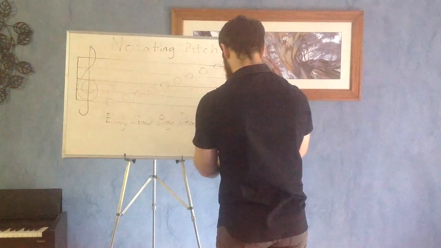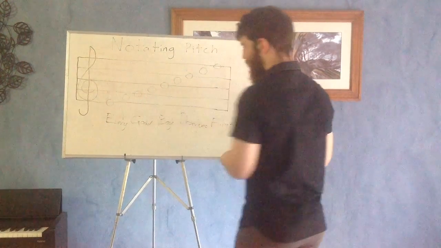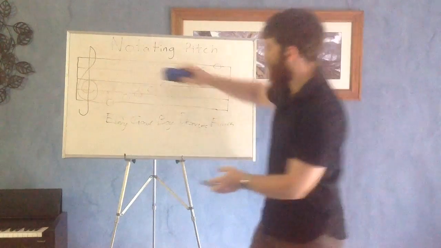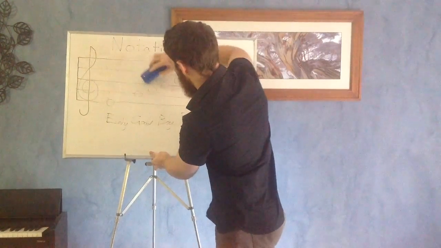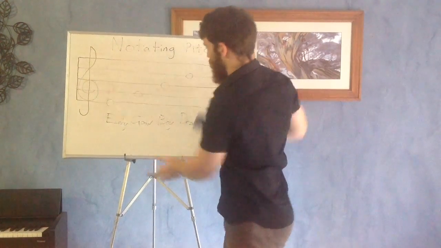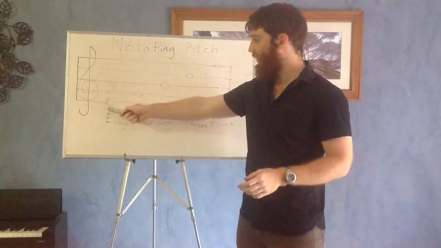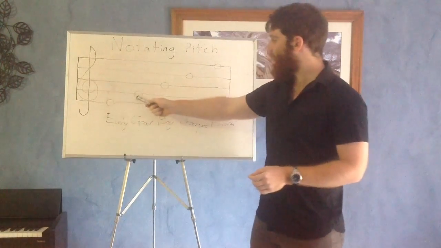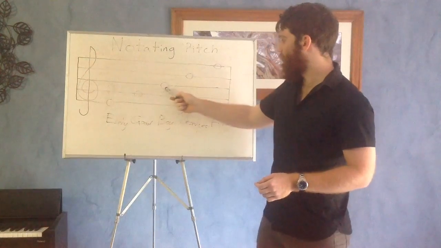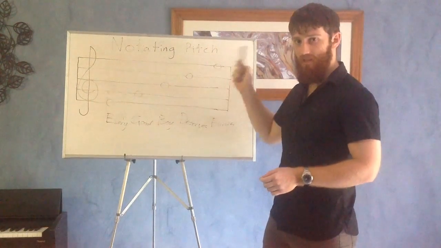So we have every good boy deserves Ferraris, and this is going to indicate the notes on the lines. So, starting at the bottom with E for every good boy deserves fruit, E, G, B, D, F. Is that nice and clear?